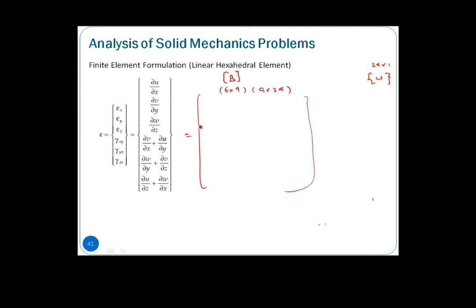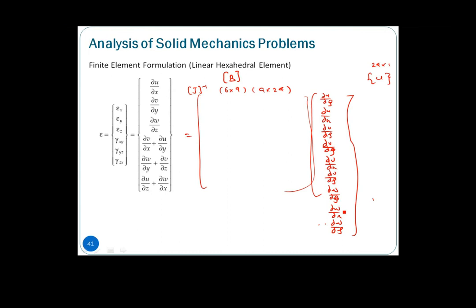our inverse of J, inverse of our J, multiplied with what is referring to del U, del psi, del U, del eta, del U, del zeta, del V, del psi, del V, del eta, del V, del zeta, del W, del psi, del W, del eta, del W, del zeta.